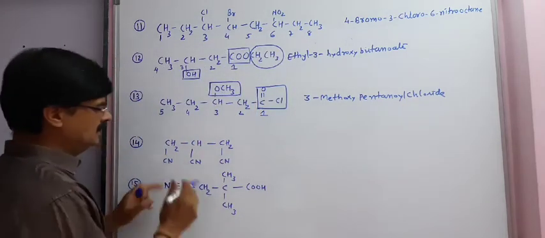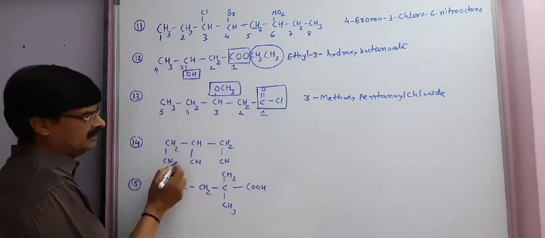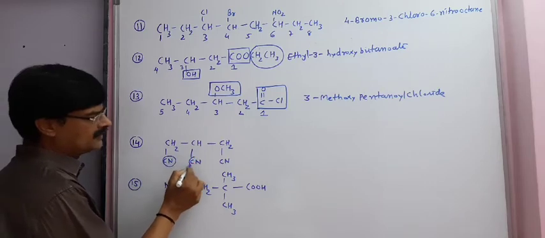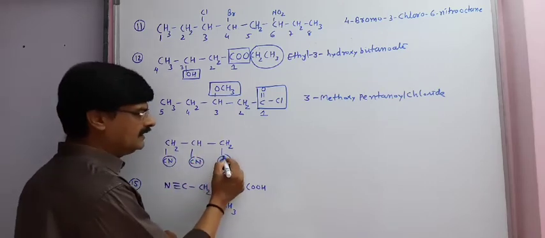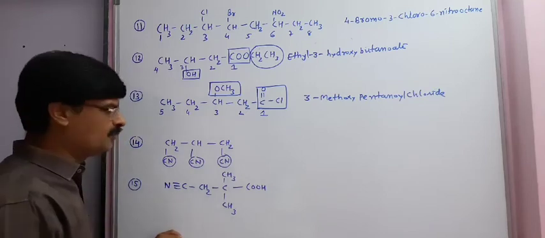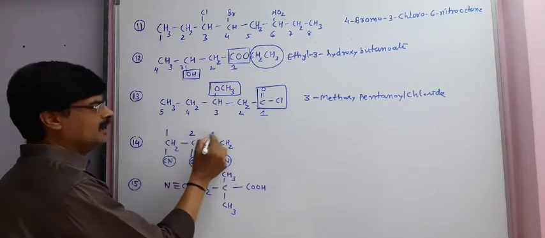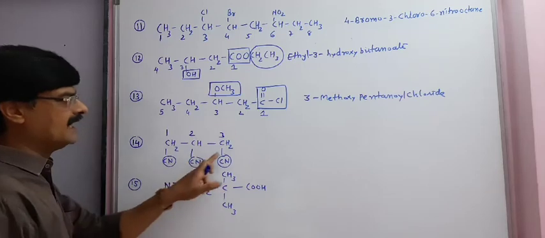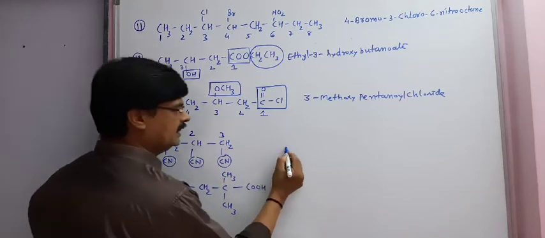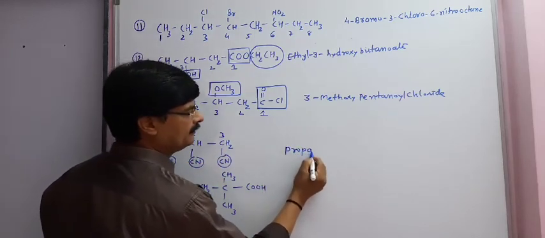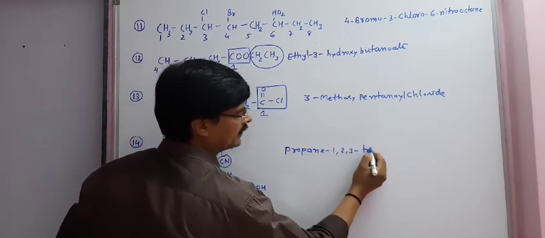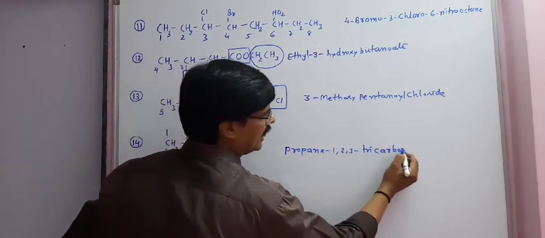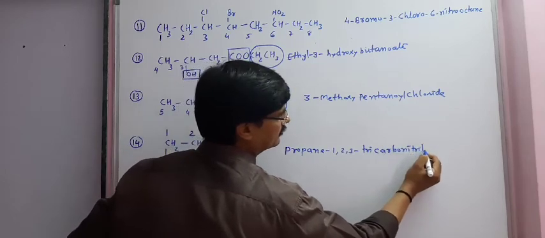Now the next one. Here on each carbon we have the functional group cyanide present. So we have to consider all these cyanide groups to be principal groups, and giving carbon numbers 1, 2, 3 and cyanide as the principal group, we can write propane 1, 2, 3 tricarbonitrile.